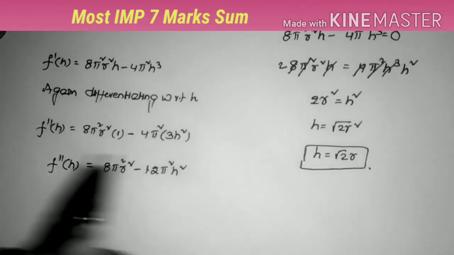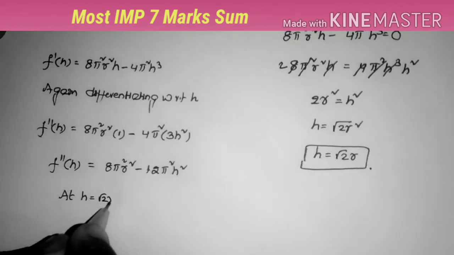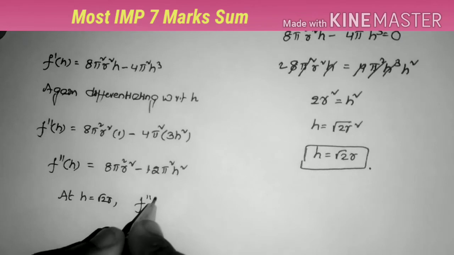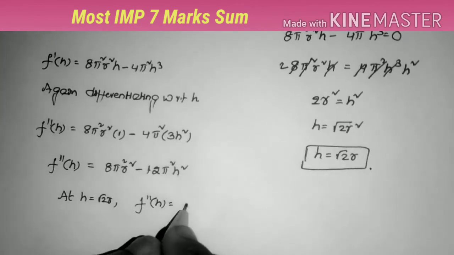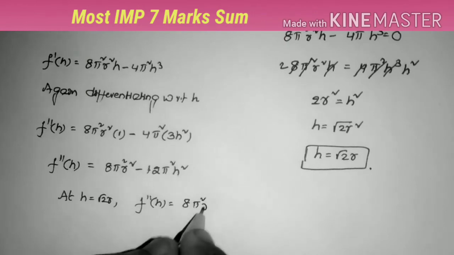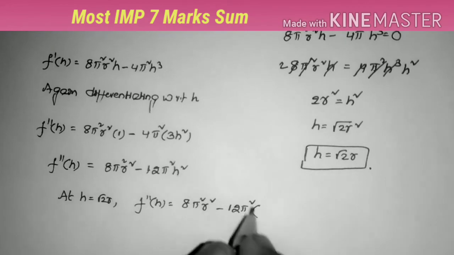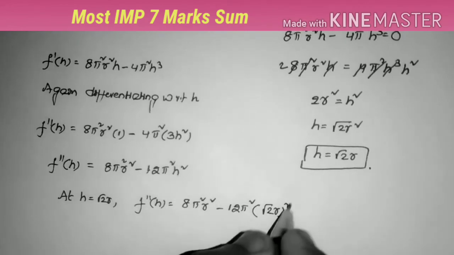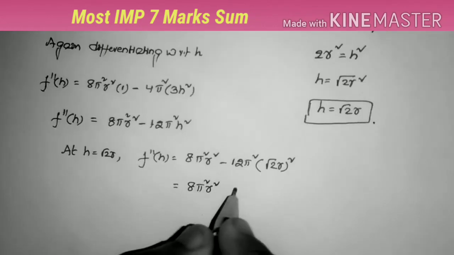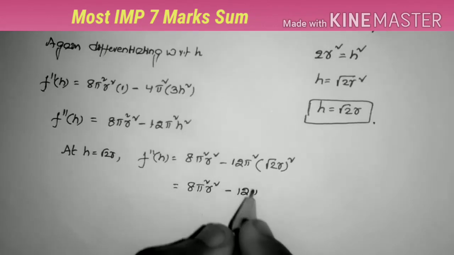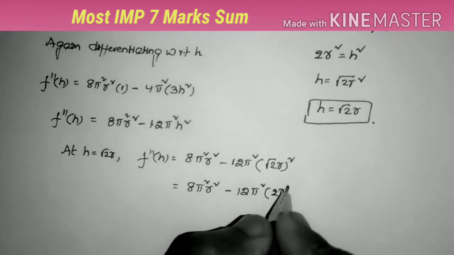Now substituting h is equal to root 2r here. That is at h is equal to root 2r, replacing h in this answer. So f double dash of h is equal to 8 pi square r square minus 12 pi square into h value root 2r, that is root 2r whole square. So this is equal to 8 pi square r square minus 12 pi square into root 2r whole square, which is 2r square.